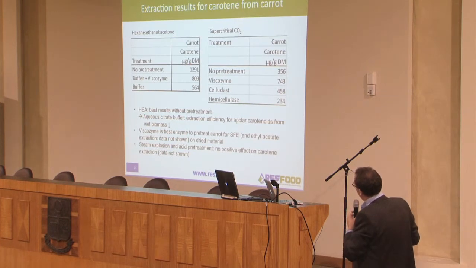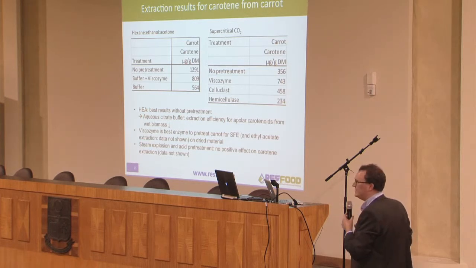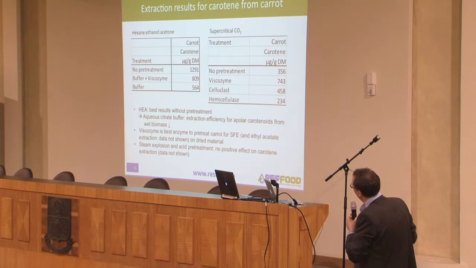So these are some extraction results for carotene from carrot. On the left side of the table, we use this solvent mix, hexane, ethanol, acetone. Hexane is not green, of course, but we use this as a kind of reference method. We have some data for carotene from carrots, expressed as micrograms per gram of dry matter.